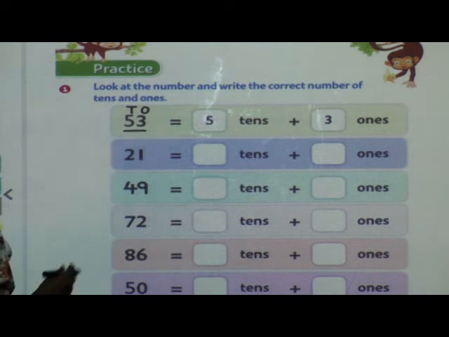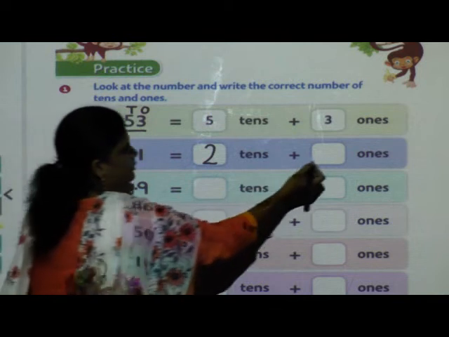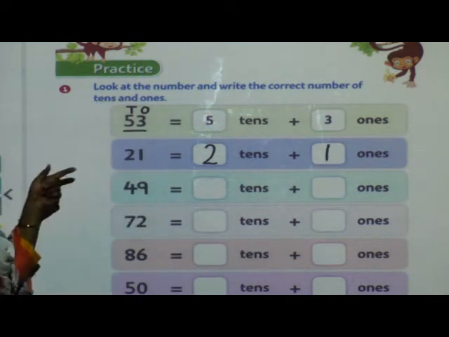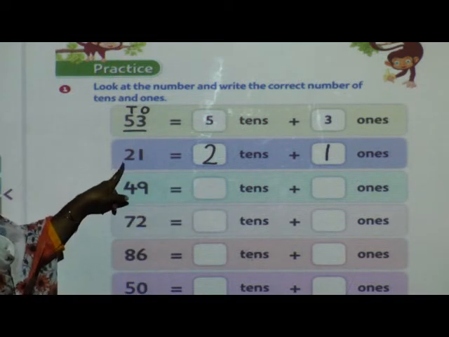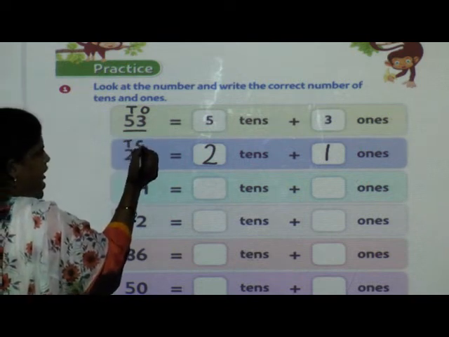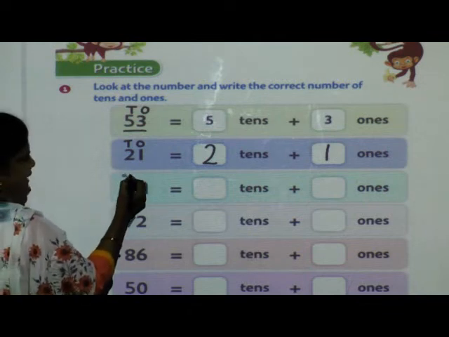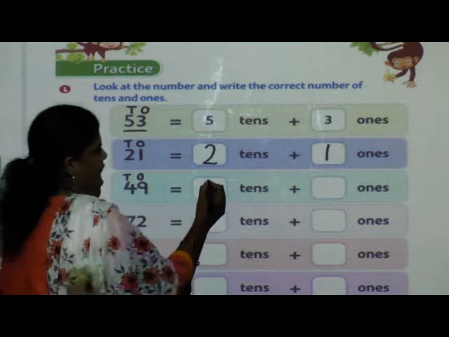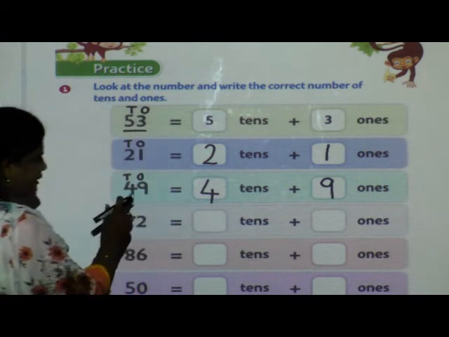Now here 2 tens and 1 one. 2 1, 21. How have we come to know that 2 and 1? Because there is a 2 on the tens place and 1 on the ones place. Okay. Now this, 4 tens, 9 ones means 49.